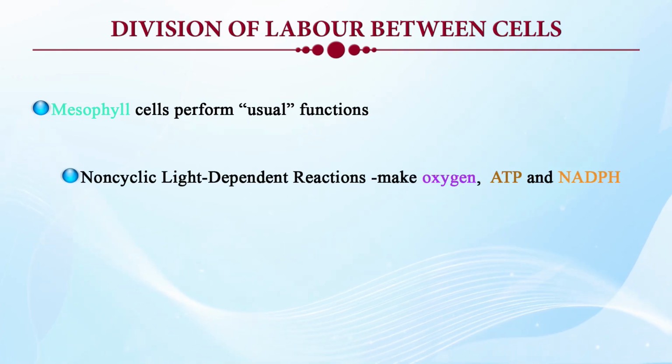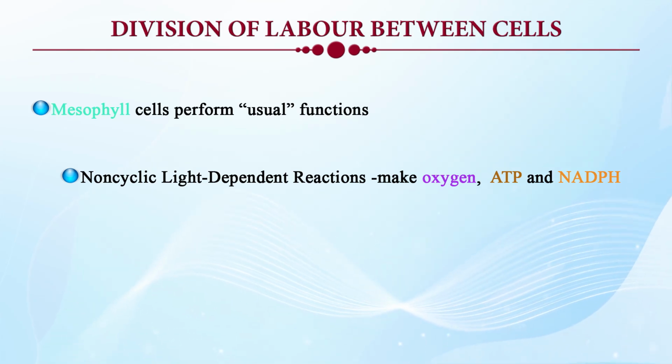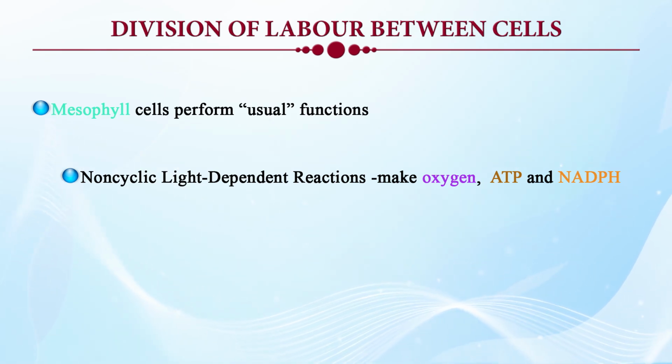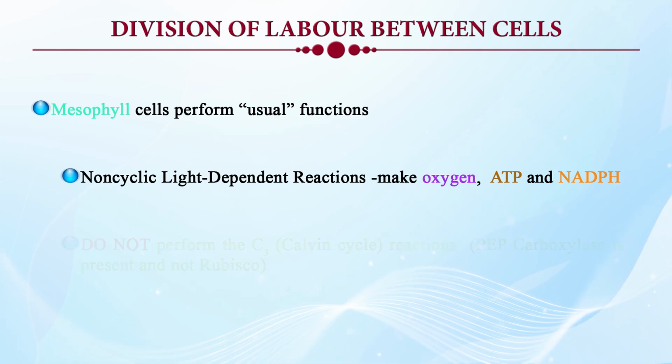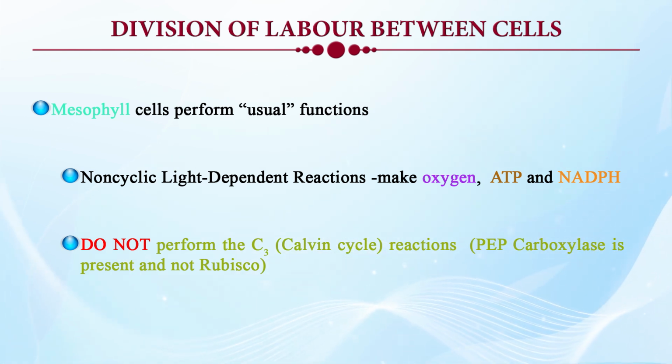So, that means there is a distinct division of labor between these cells. How? We find that the non-cyclic light dependent reactions that make oxygen, ATP and NADPH, that means the light reaction, take place in the plastids of the mesophyll, and the cells of the mesophyll do not perform the Calvin cycle, because we find that PEP carboxylase is present and not Rubisco.